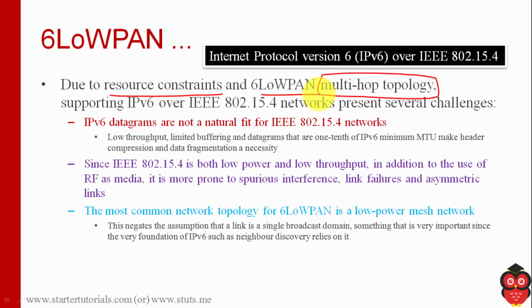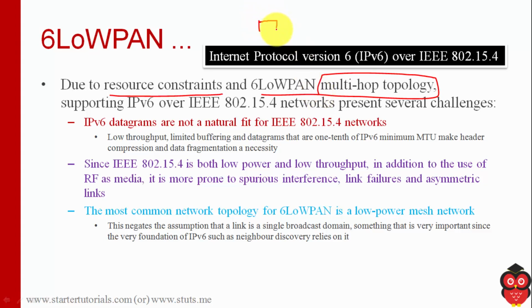So what do single hop and multi-hop mean? Single hop means it requires only one hop to transmit the data to the destination, so the destination is only one hop away from the sender. Multi-hop means the destination is multiple hops away from the sender.